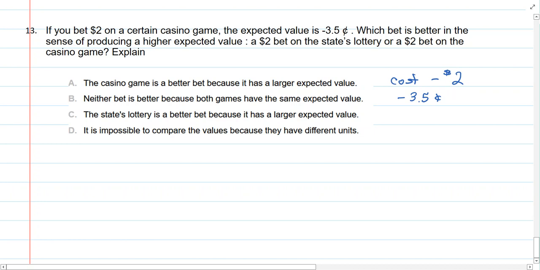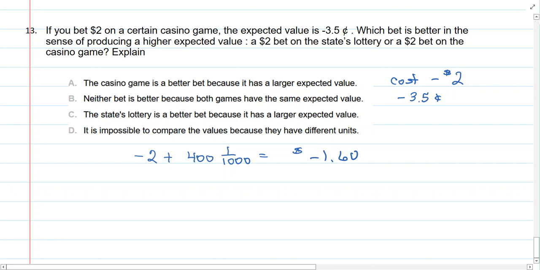Now remember, we did the lotto, the 3-number, and they want us to figure out what we'll make. So we had the negative $2 plus the $400 times 1 over 1,000, and we have a net of negative $1.60.